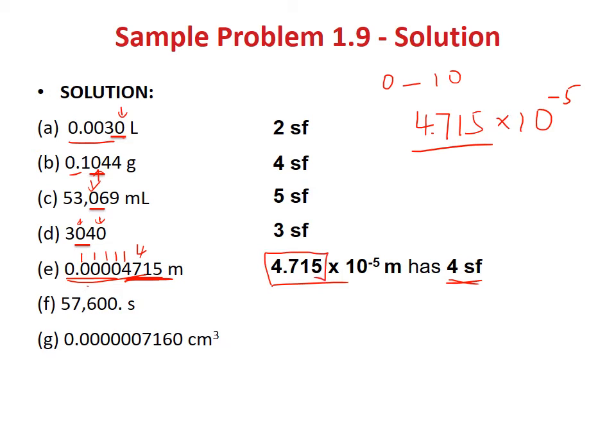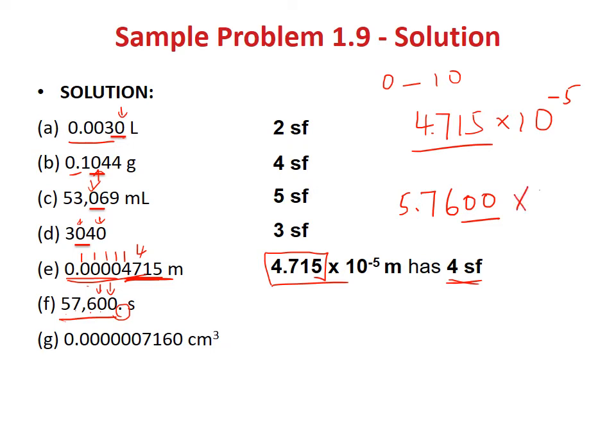Okay, next one, you have a decimal. Note that you have a decimal here, so these are significant figures, and they are not used to position the decimal. And we have 1, 2, 3, 4, 5 significant figures. They are all significant. To write scientific notation, we write a number from 0 to 10, so 5.70600. This must be included because they are significant figures.